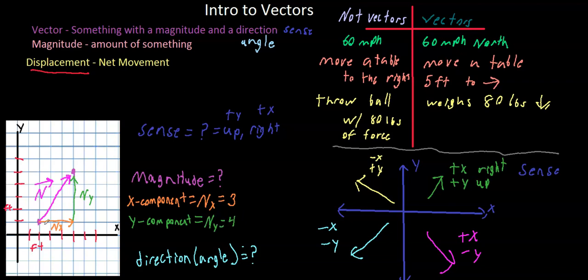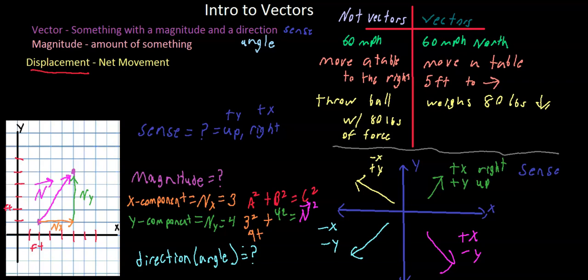So essentially this question just becomes a regular triangle question. What is the third side, which is the hypotenuse, or c squared? We can use our old favorite formula, the Pythagorean theorem: a squared plus b squared equals c squared. So we've got 3 squared plus 4 squared equals, instead of c squared, vector n squared.